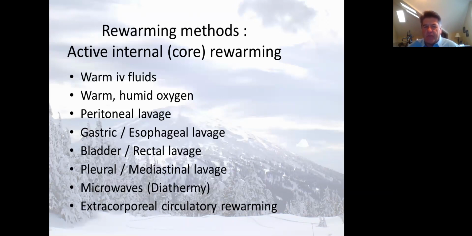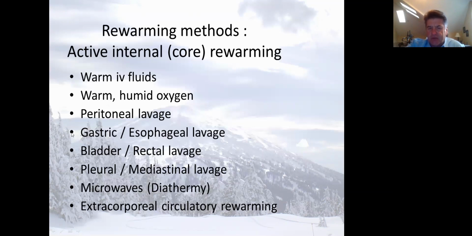These next 4 are strictly invasive, done in the emergency room. Peritoneal lavage means you put in a tube around the umbilicus, or the belly button, and you pour hot water in that way. Gastric lavage will be the same thing.